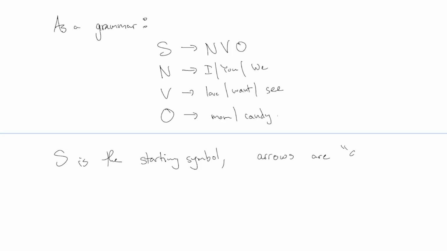The arrows are the derivations, and they are describing substitutions of little pieces of sentences.